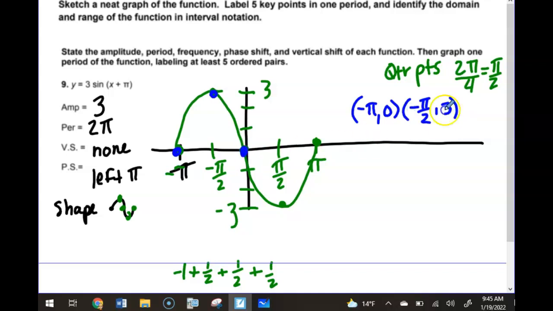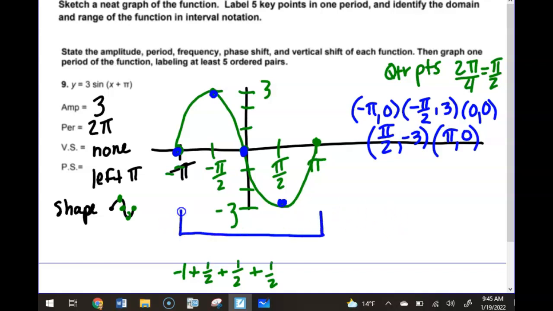This blue dot right here in the middle is 0, 0. And then the next one, anybody? Pi over 2, negative 3. And then we finished at pi 0. Is that a period of 2 pi? If you went from negative pi to positive pi, I keep messing that up. But if you went from negative pi to positive pi, that's a total distance of 2 pi. Everybody's good? Okay.